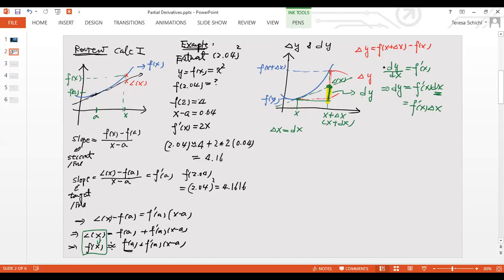So now I can use dy to approximate delta y here.